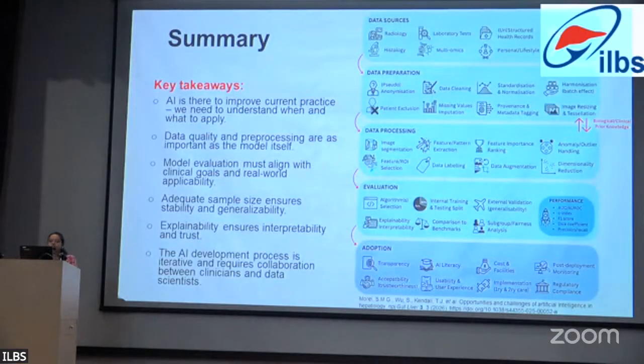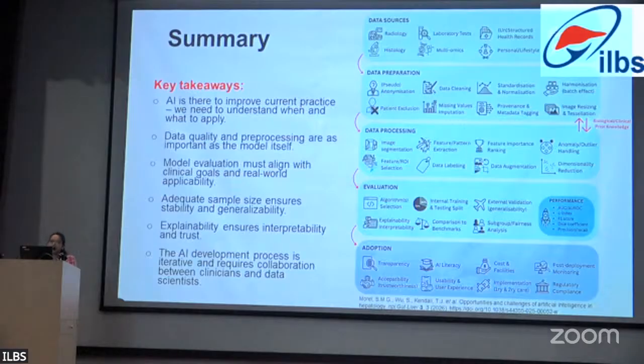So to summarize the whole thing, the key takeaways: AI is there to improve current practice. We need to understand when and what to apply. Data quality and pre-processing are the most important, as well as the model itself. Model selection must align with the clinical goal and real-world applicability.